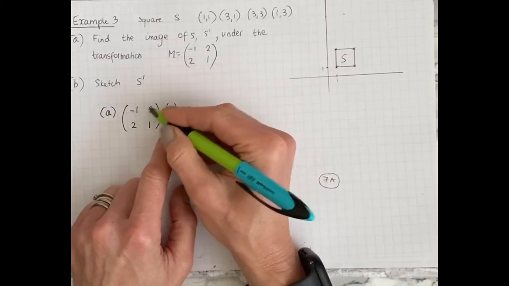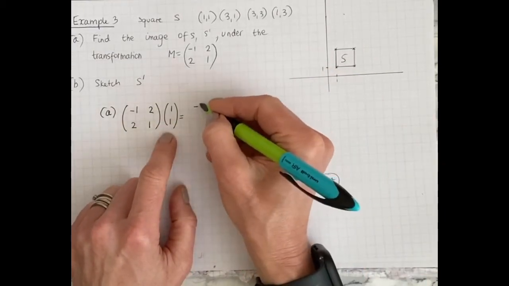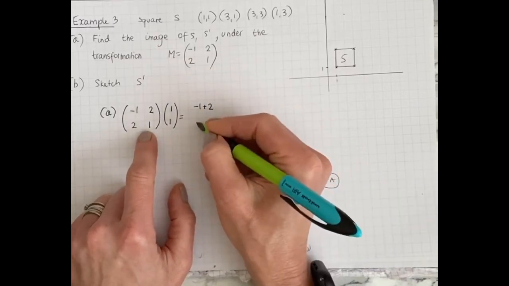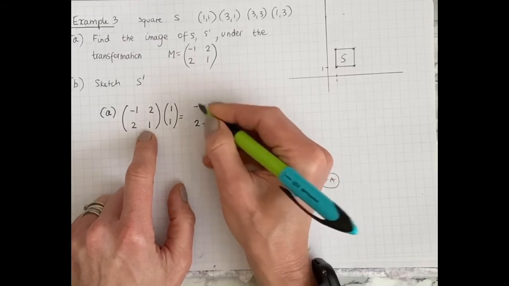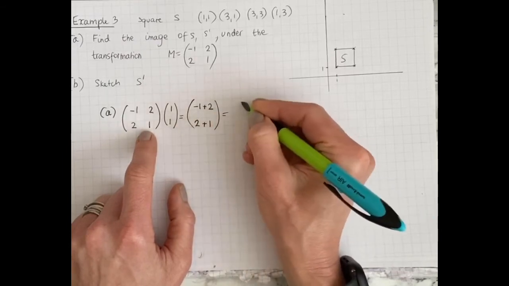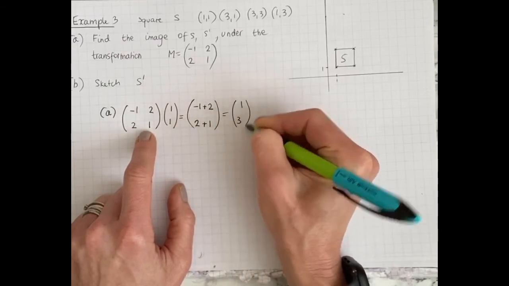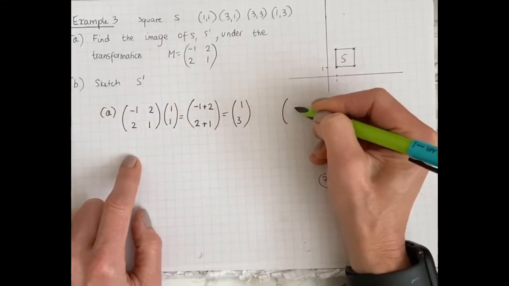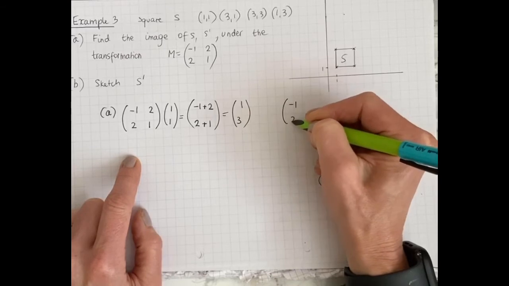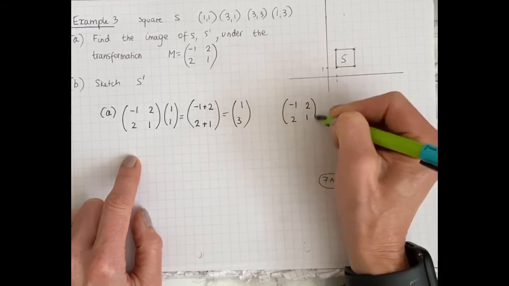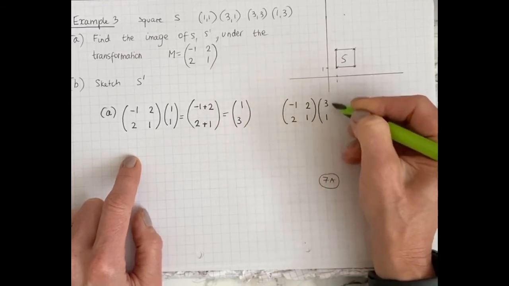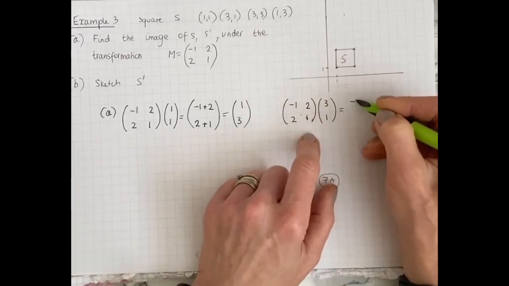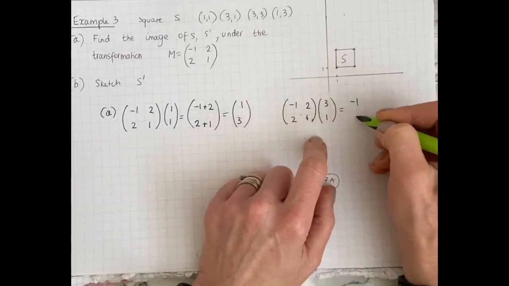So you've got 1 times minus 1, so it's minus 1 plus 2 times 1, so plus 2, and 2 times 1, which is 2 plus 1. So that will go to 1, 3. Okay, you do the same for the second point. Minus 1, 2, 2, 1, multiply it by 3, 1. So you're going to get minus 3 plus 2, so it's minus 1, 6 plus 1, which is 7.